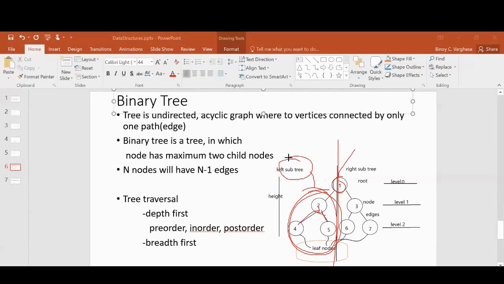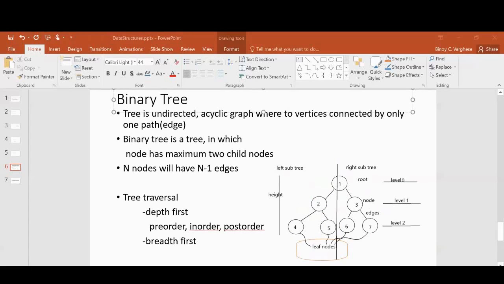Similarly, on the right side we also have a subtree. Each node will have left and right subtrees under it. For example, 2's left subtree is 4 and its right subtree is 5. This is how left and right subtrees exist in a binary tree. So we need to be familiar with this.